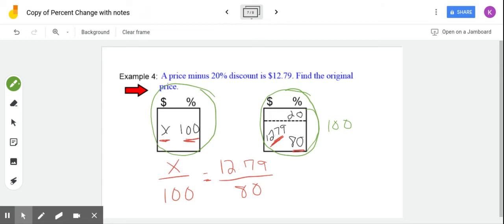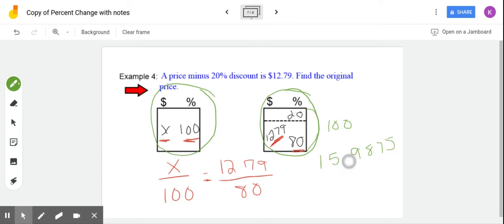So again, I got X over 100 equals $12.79 over 80. When you cross multiply and solve, you do $12.79 times 100 divided by 80, and you get 15.9875.